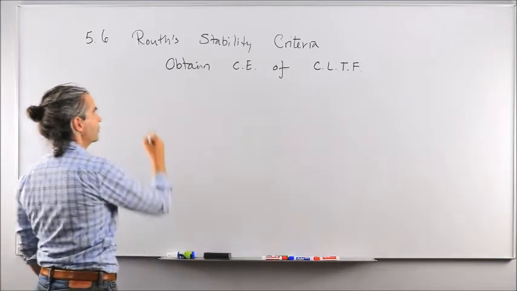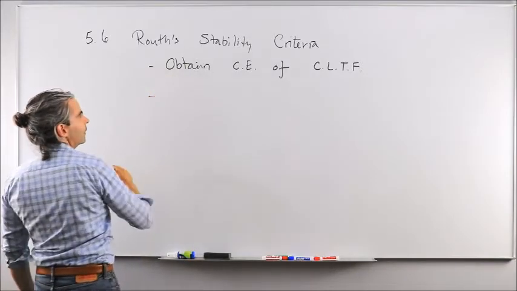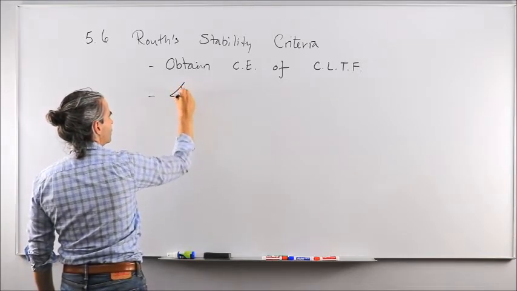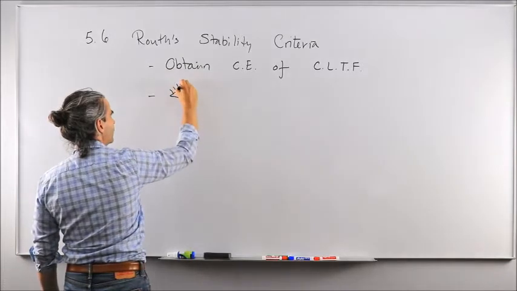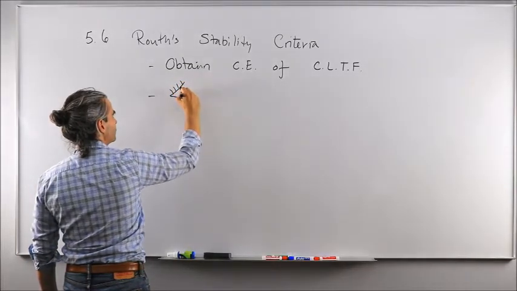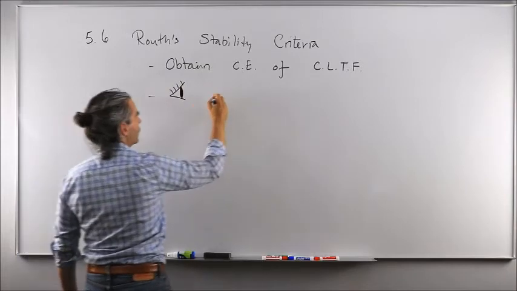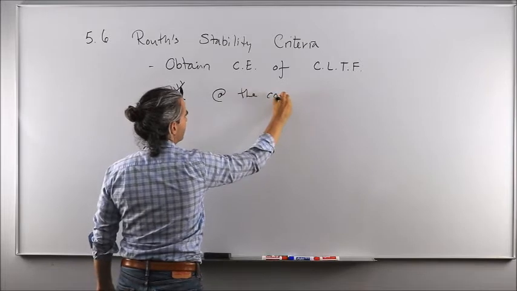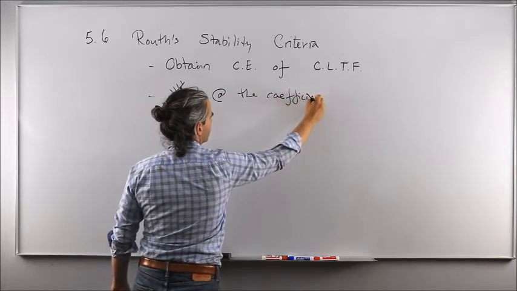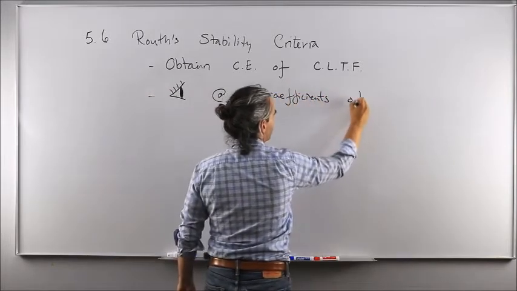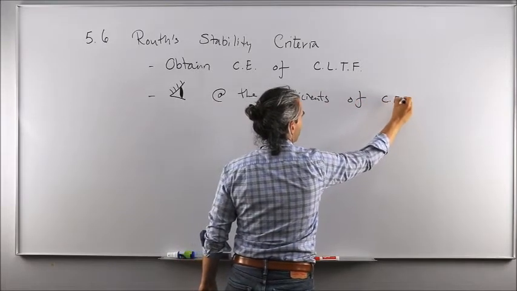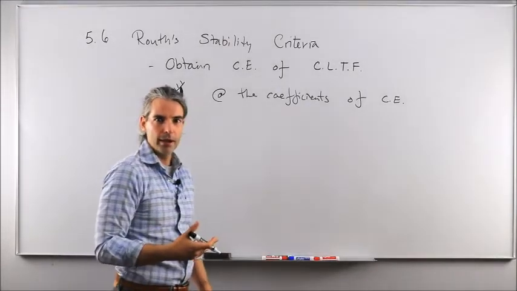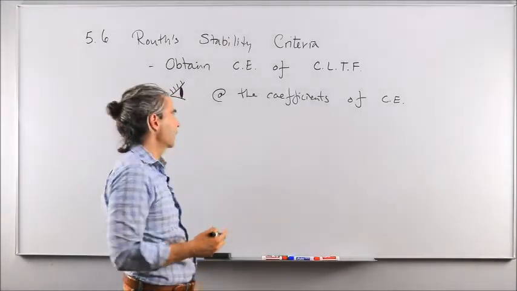Once you have that closed loop transfer function, what you do is that you look at the coefficients of said characteristic equation. And based on those coefficients, we're going to build the Routh array, and then we're going to do some analysis based on that, okay?